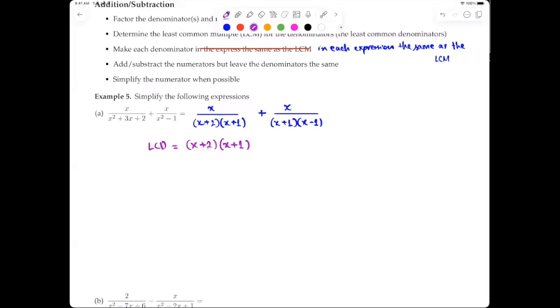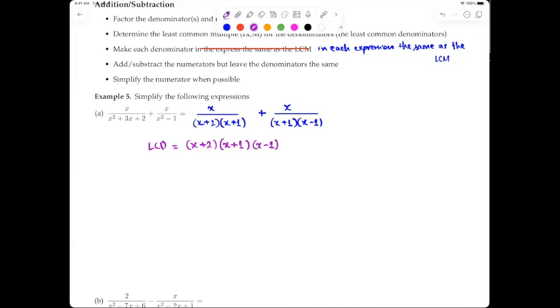So ignore it. You with me? Then the next factor x minus 1, put into the LCD. And that is your LCD. You follow? Okay. In the next example, we get the factor squared, it's going to be a little bit different, but for now, we understand the process.